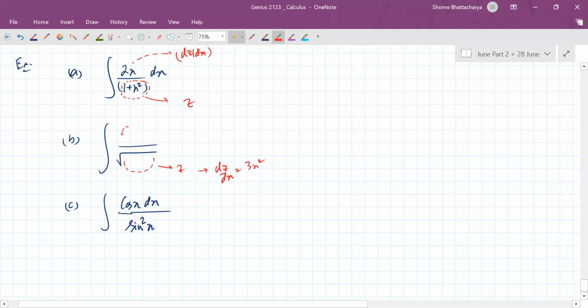So this term is 1/3 of dz by dx. And in this, if you take sine x as z, then cos x becomes dz by dx.